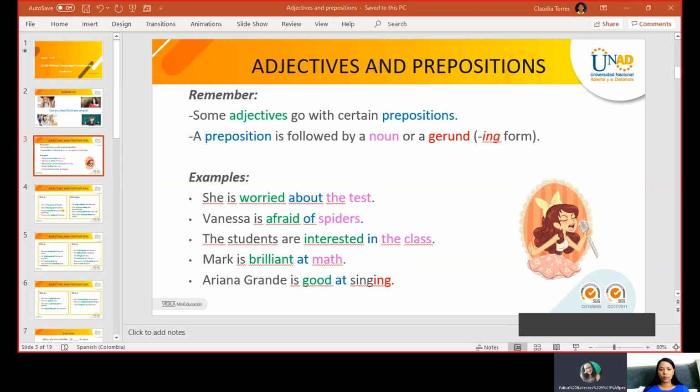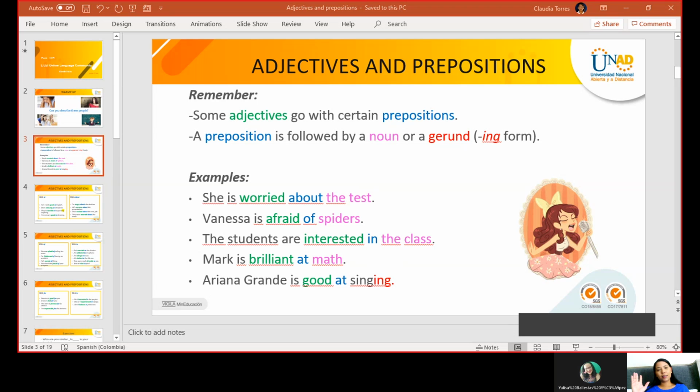I'm good at writing. Yes. I'm good at dancing. Is it like that? Yeah, it's perfect because you're using ing at the end of the verb, which is perfect.